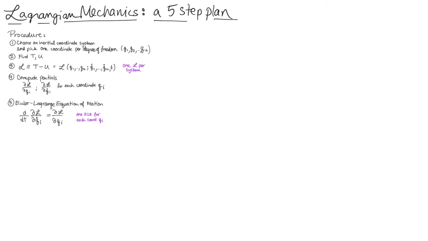So I do want to say a few words about the second step here, about finding the kinetic and potential energy, writing those down in terms of these generalized coordinates. Sometimes the problem naturally lends itself to a particular coordinate system, right?